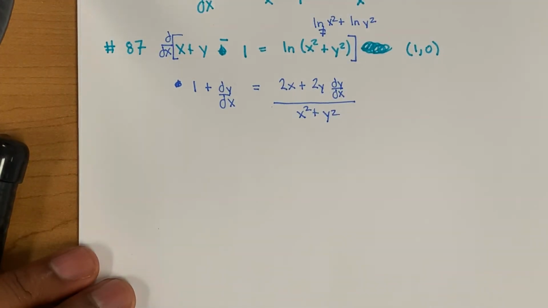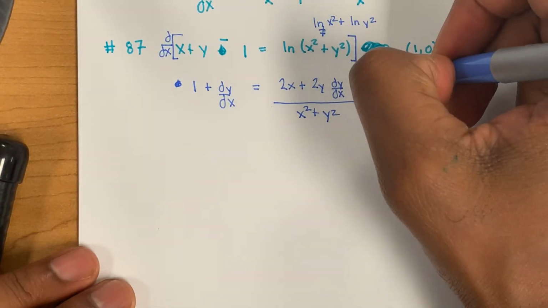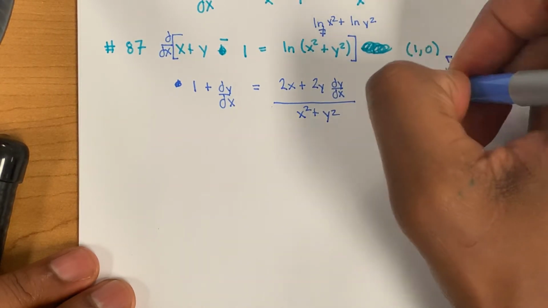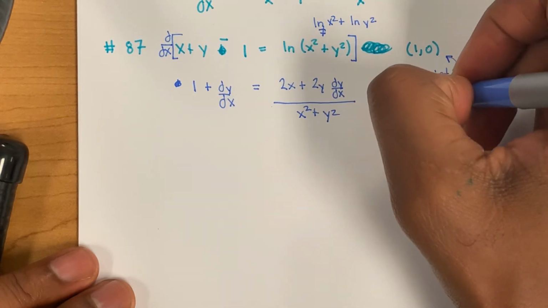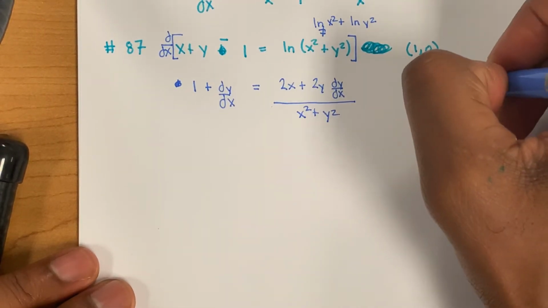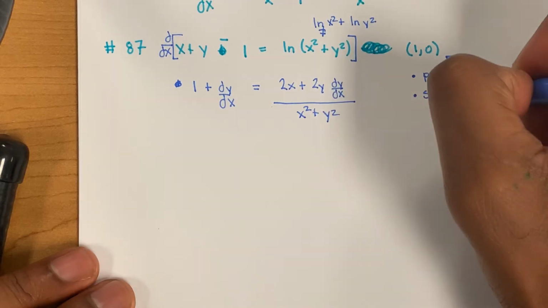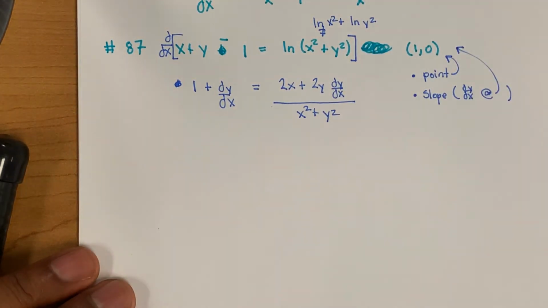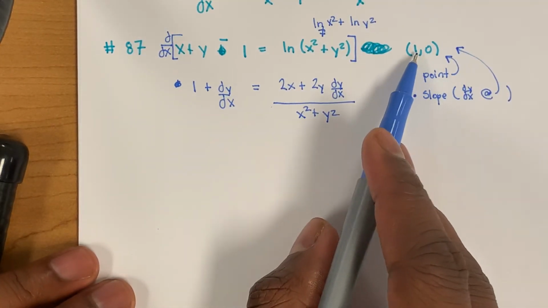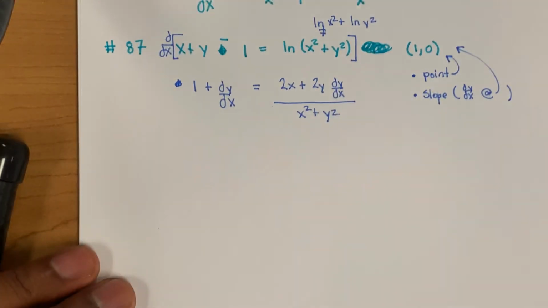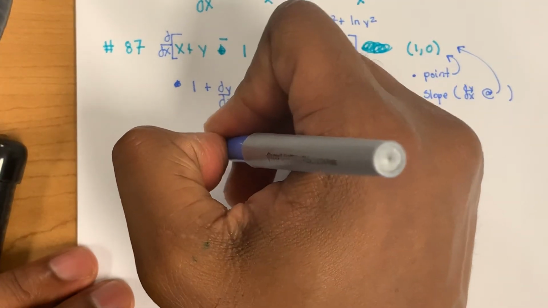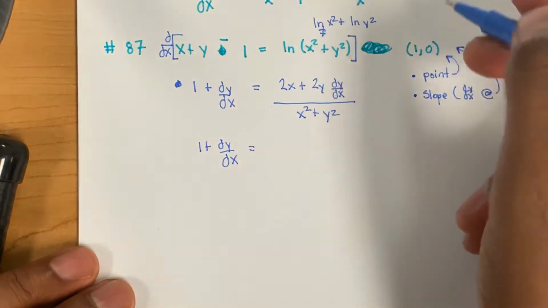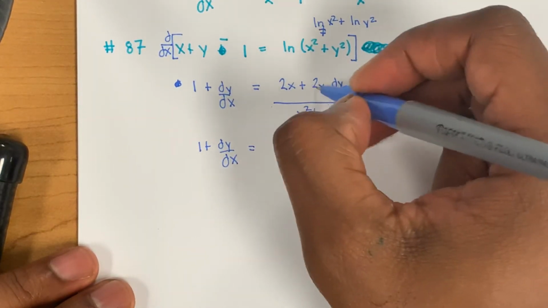And we want to write the equation of the tangent line, which requires that we have the point, which we're given, and the slope, which means that we need dy over dx at that point. So it's easier to substitute in 1 and 0 instead of trying to solve for dy over dx. So we would get 1 plus dy over dx equals, if x is 1 and y is 0, this entire term is going to turn to 0.